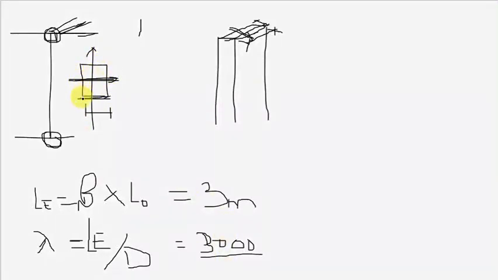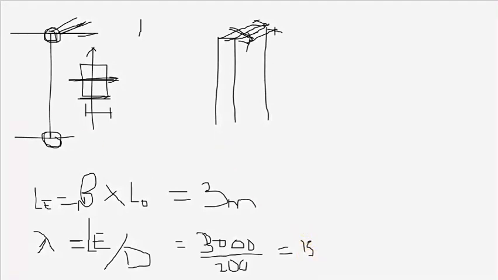In this case, that is this 200 right here. If you divide 3000 by 200, what do you find? This will give you roughly 15.